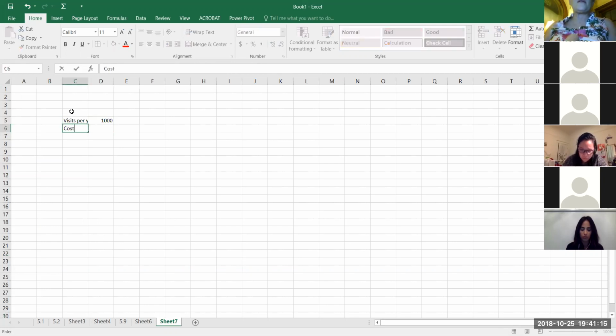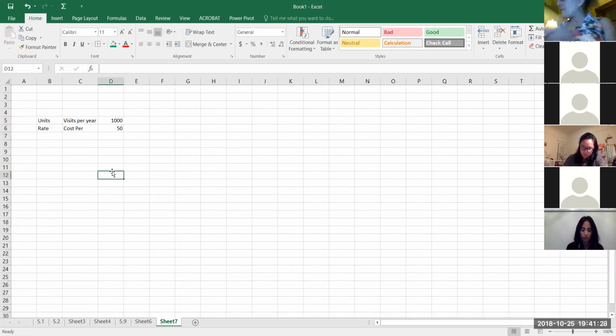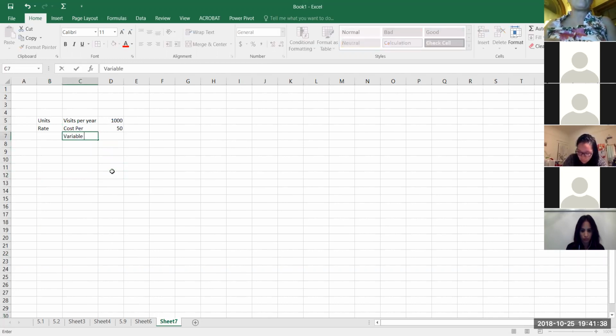And the price per visit is $50. So again, this is units, and this is rate. It's the same kind of idea. The variable cost per unit is $30. So let's do variable cost, and again, as a rate, that's 30.